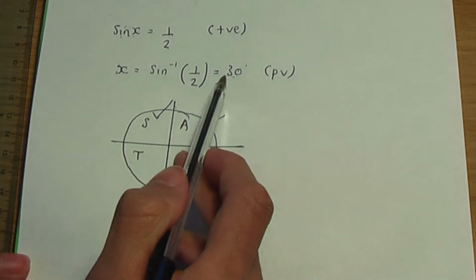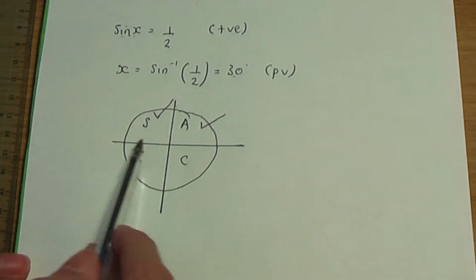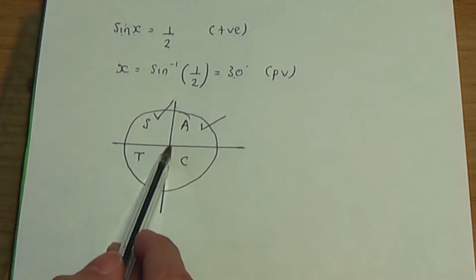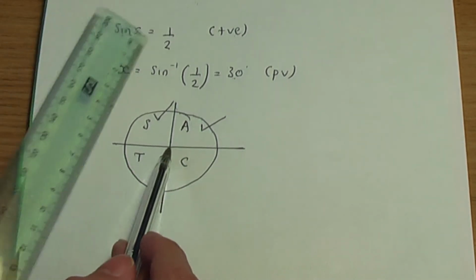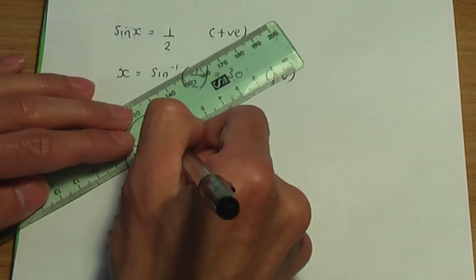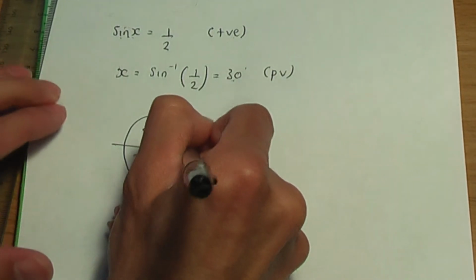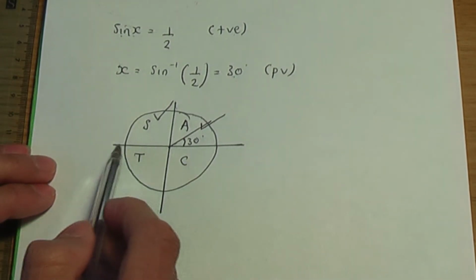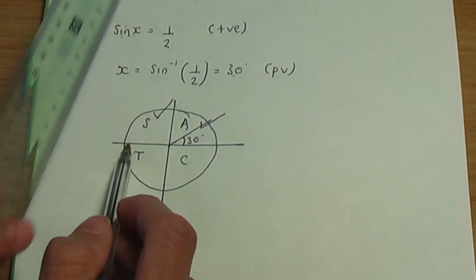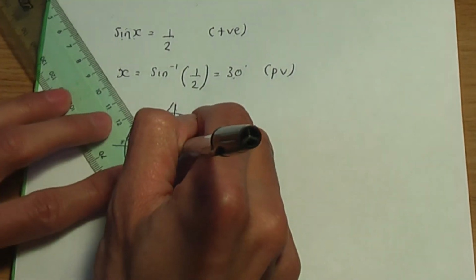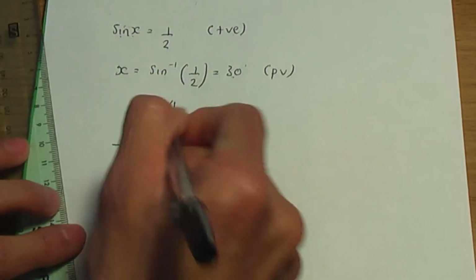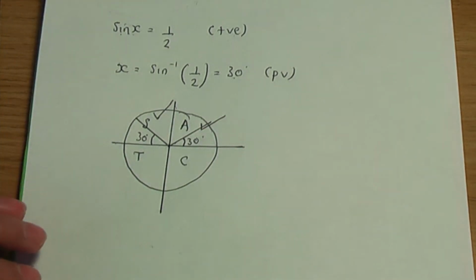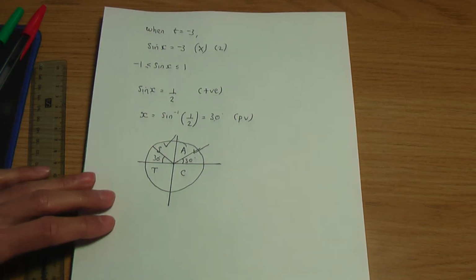When plotting, the angle 30 degrees is always plotted from the horizontal. So from the horizontal in quadrant number 1, this is roughly 30 degrees. And from the horizontal in quadrant number 2, again this is roughly 30 degrees. So just a judgment of 30 degrees in these two quadrants.